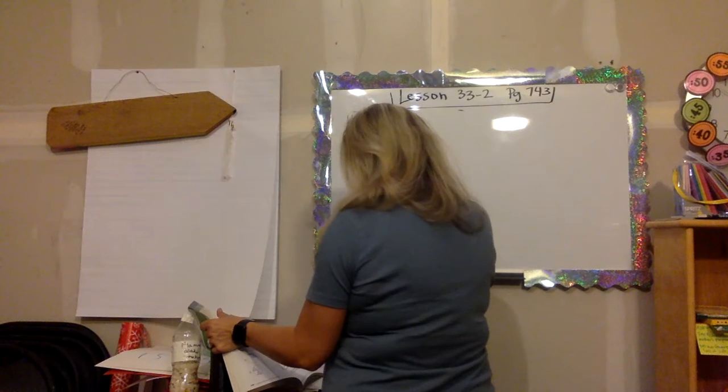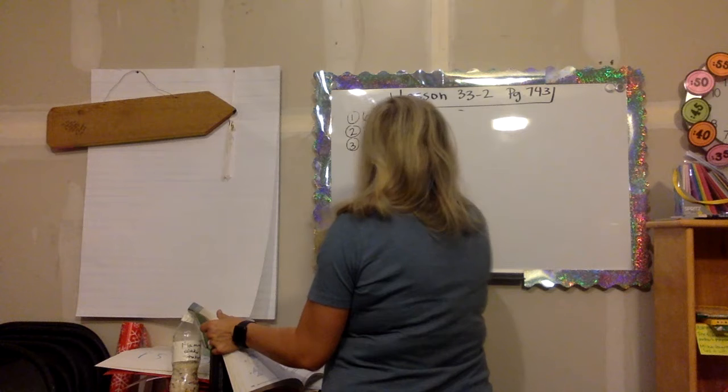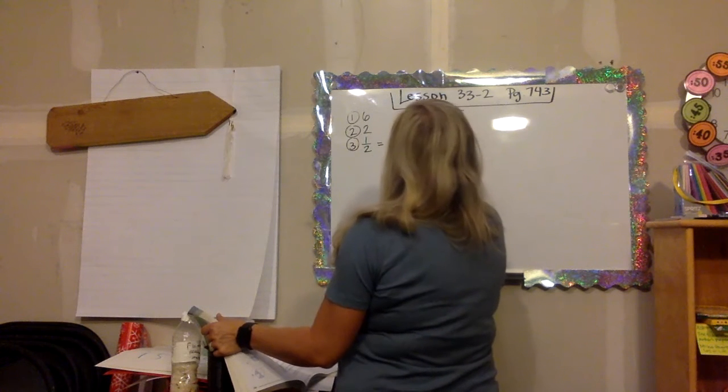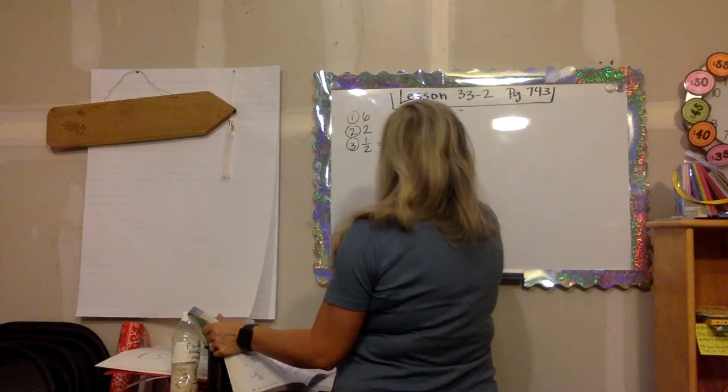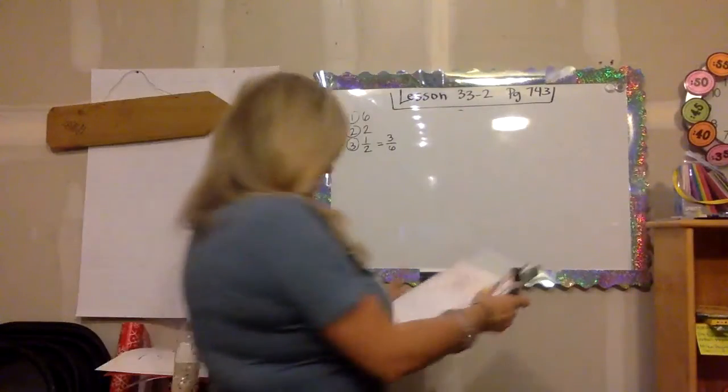What fraction of the total area of rectangle A is shaded? 1/2. Or there's 6 pieces. 3 of the 6 are shaded. So this is a good visual for you to understand that 3/6 is equivalent to 1/2. So now we're working on equivalent fractions.